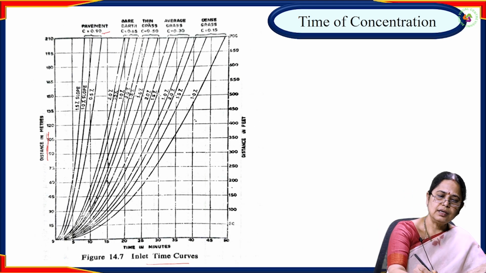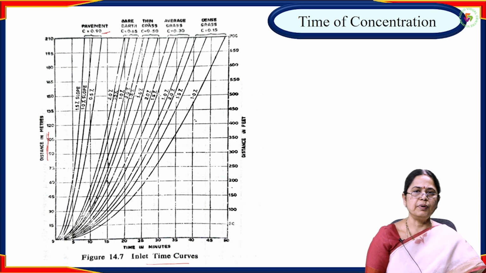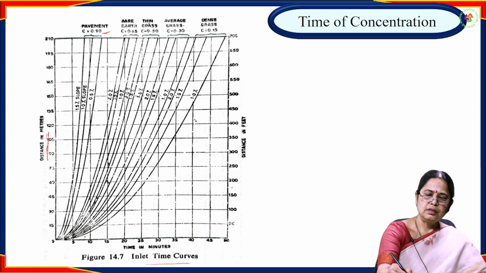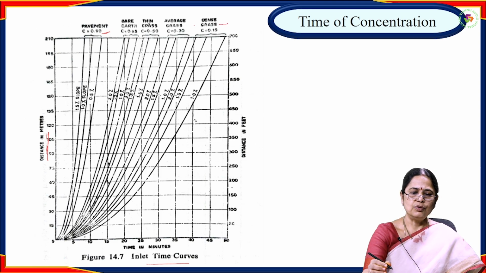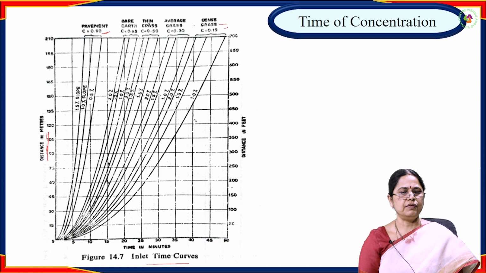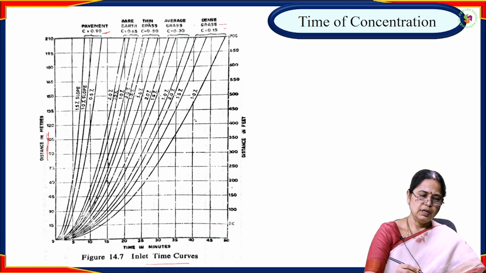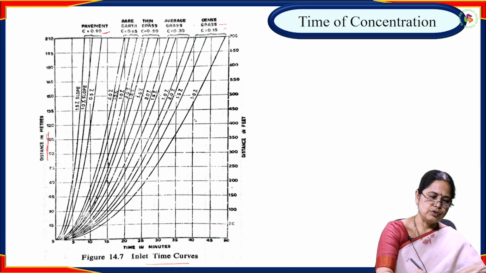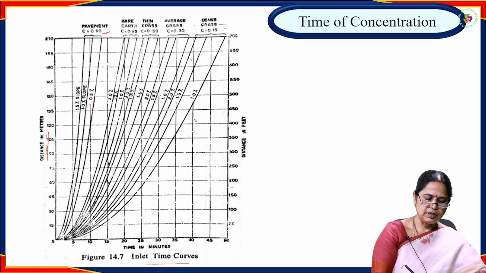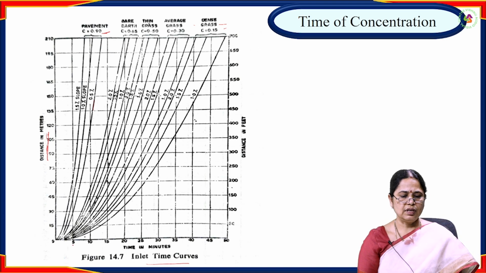Here C increases more for the impervious layers. If grass keeps on increasing, the C value, the coefficient of runoff, is going to reduce. If you observe the slope, as the slope increases, the inlet time reduces, where the runoff is increasing.